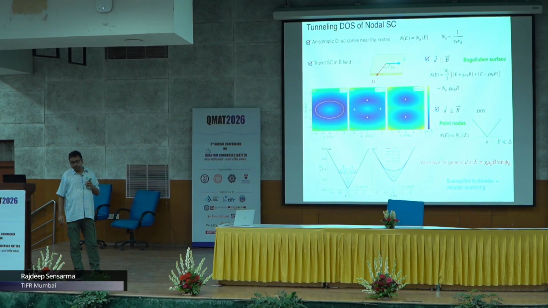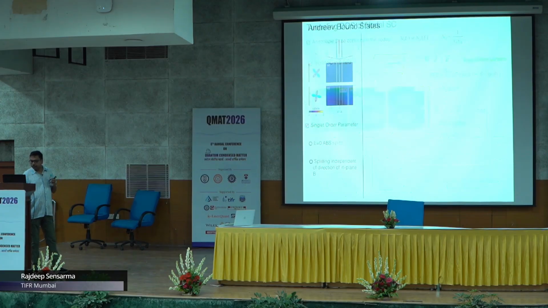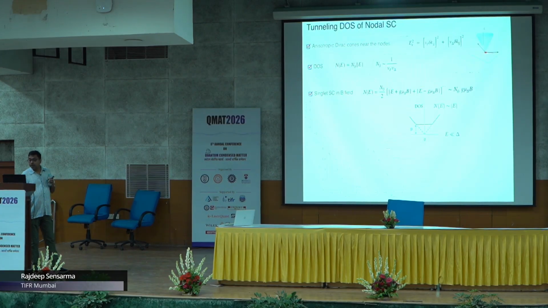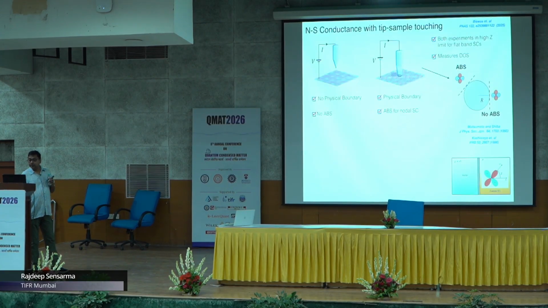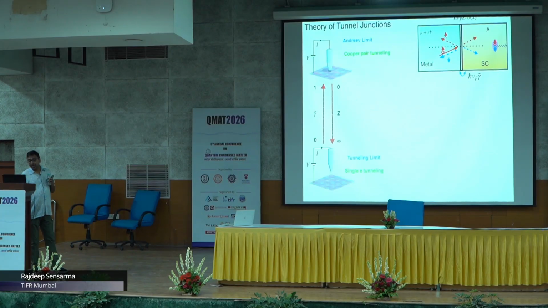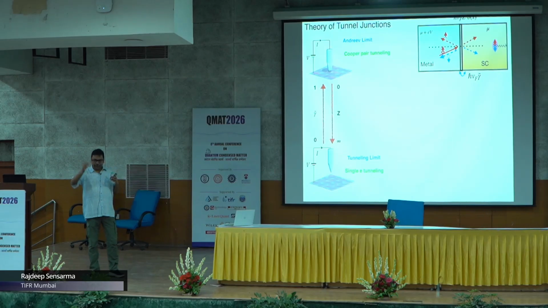Another quick question on the first part. These two scales, experimentally, how do they evolve across TC? If I remember correctly, one goes something like this, and the other goes something like that as a function of temperature.